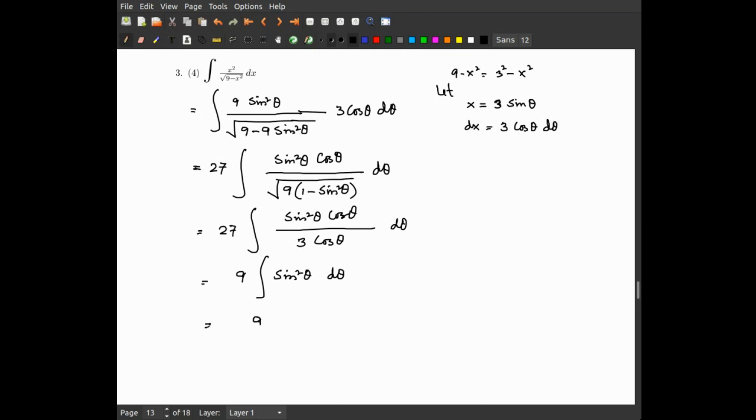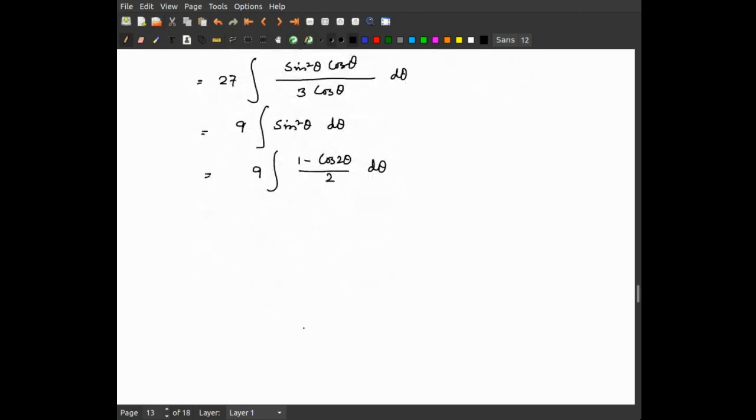So we have 9, then sine square theta is 1 minus cos 2 theta divided by 2, and this is d theta. Okay, so we can take that 2 out. So that would be 9 over 2, and we have 1 minus cos 2 theta d theta. Now we need to find the integration of this one, which is very simple.